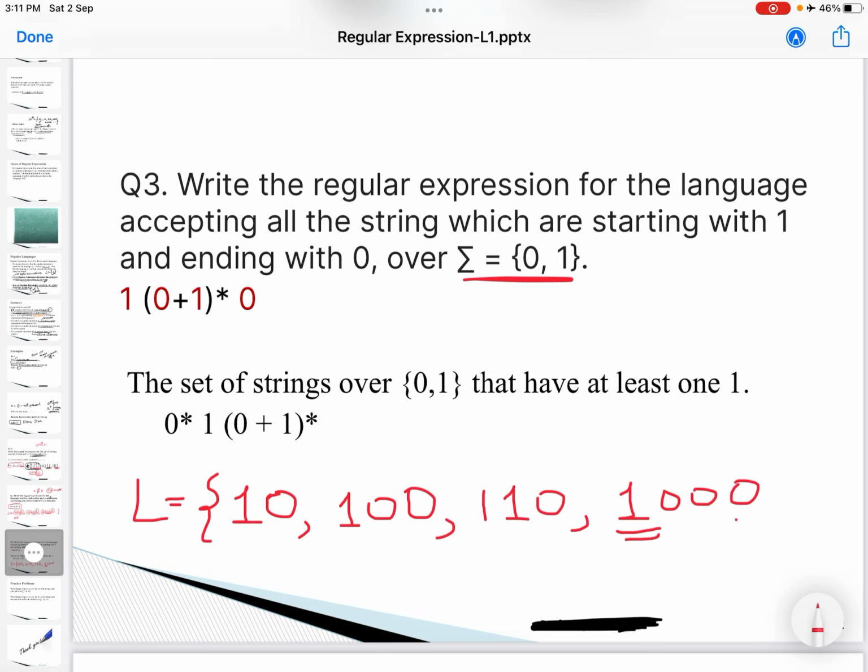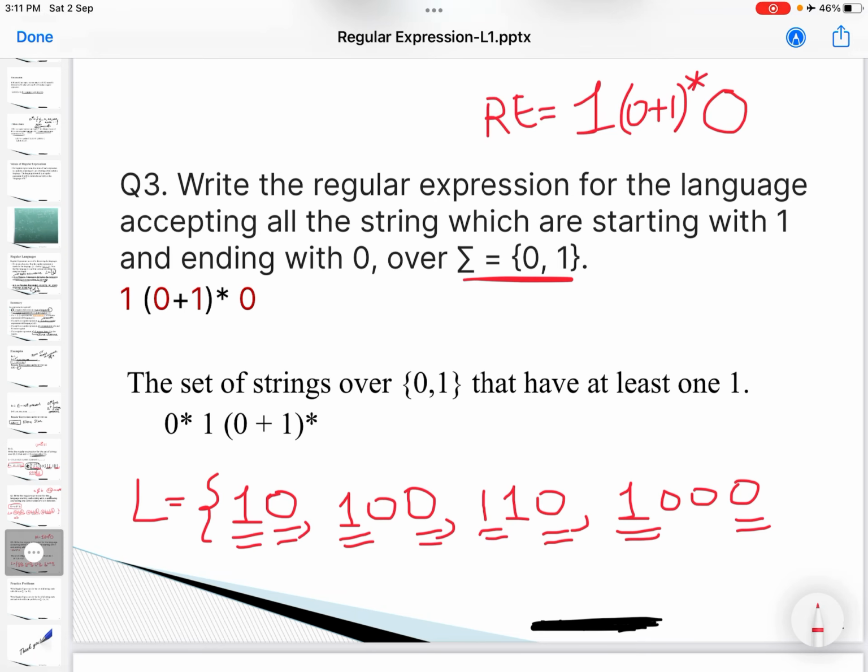At the start you need 1, at the end you need 0. So how will you write it? Start 1, end 0, in between any number of zeros and ones. This will be your RE, regular expression.